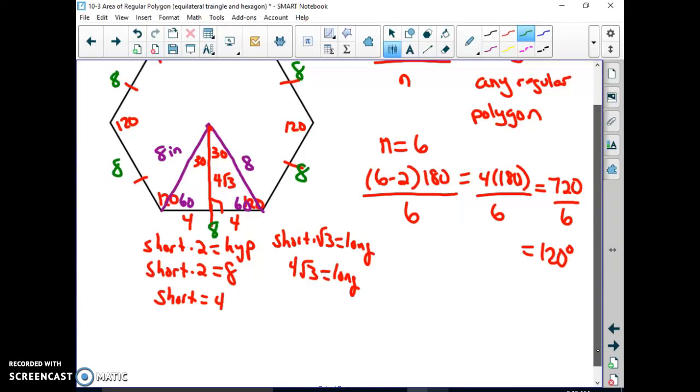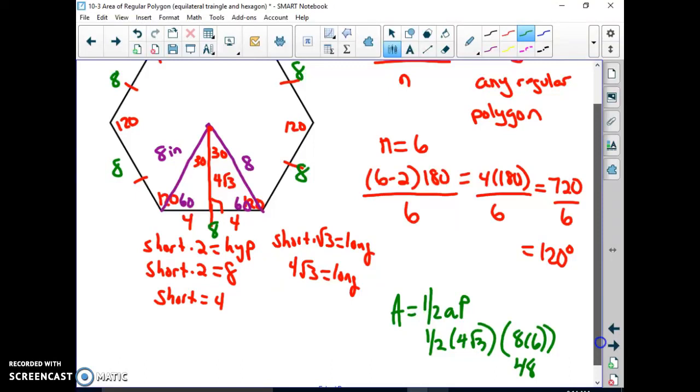I'm going to sub into the formula. Area equals 1/2 apothem times perimeter. I'm going to have 1/2 times my apothem, which is 4 radical 3, times my perimeter. Well, if I have a side length of 8 for 6 sides, 8 times 6 is 48.